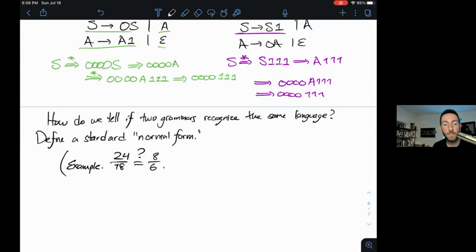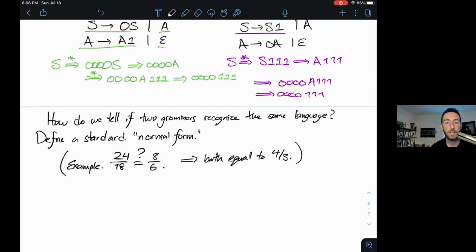However, if you divide both the numerator and denominator of the first one by 6, and you divide the numerator and denominator of the second one by 2, you find that they are both equal to 4/3. These two fractions are equal, and we know that because we had a standard form to reduce to. Both of them are going to boil down to the same simplified fraction.